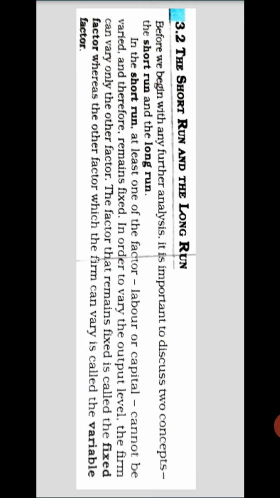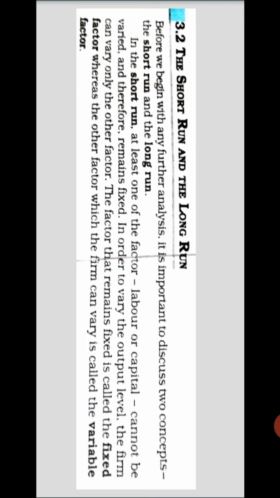I said isoquant curves are a set of all possible combinations of two inputs that yield the maximum possible level of output, where we are using capital and labor as the inputs to produce any output. Output means the production process, the final product we are getting.